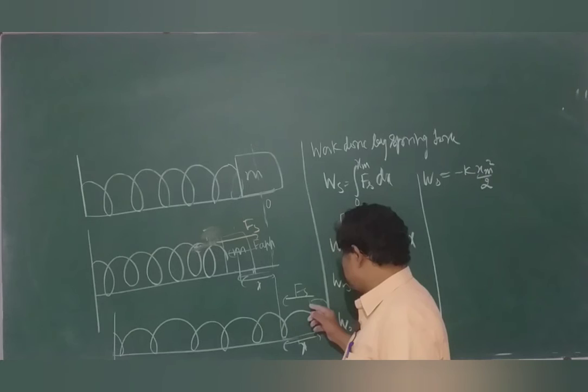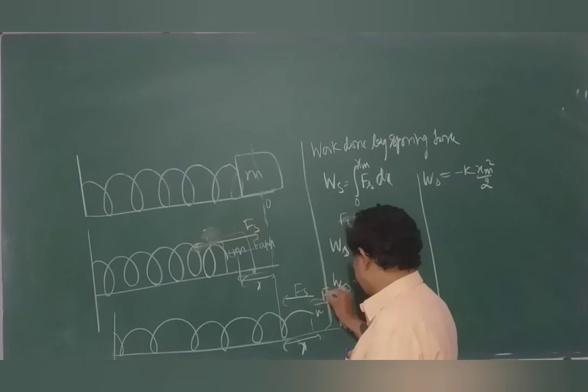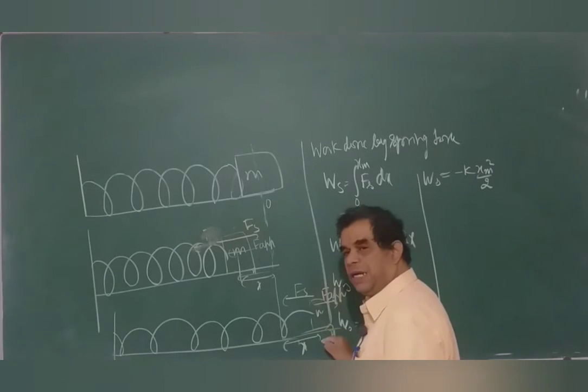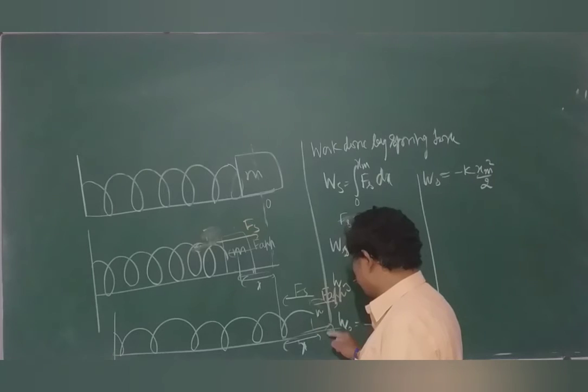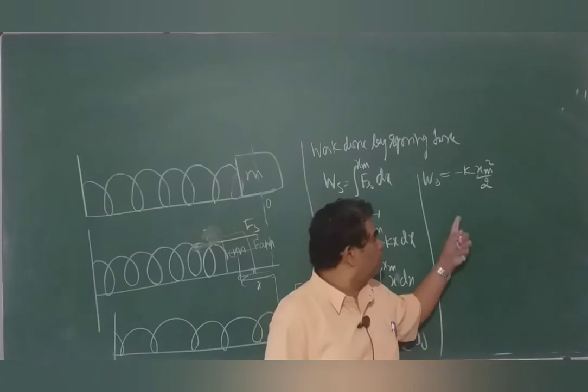Observe, the spring force is this way, and the applied force in expanding it is this way. Therefore, the applied force and x are in the same direction. Therefore, the work done by us in expanding it is positive, but the spring force work is again negative. That's what we are getting now.